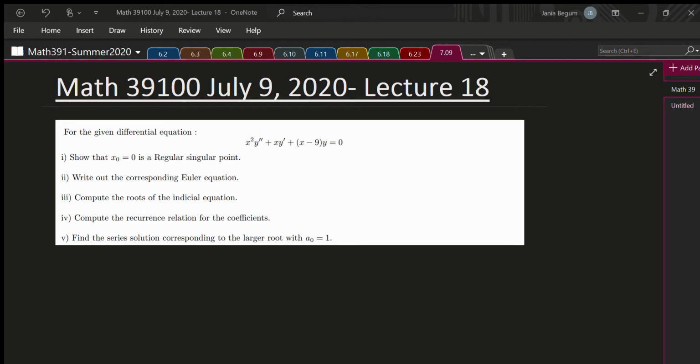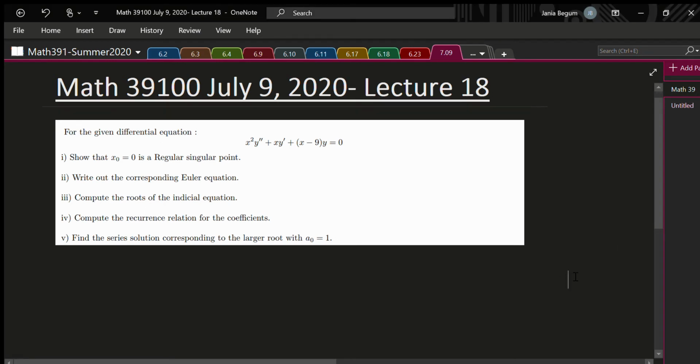So here I have a question typed for us to work on. I broke it down into parts so that you get to see what the requirements are for this particular question. First we want to show that for this given differential equation, x naught equals 0 is a regular singular point.